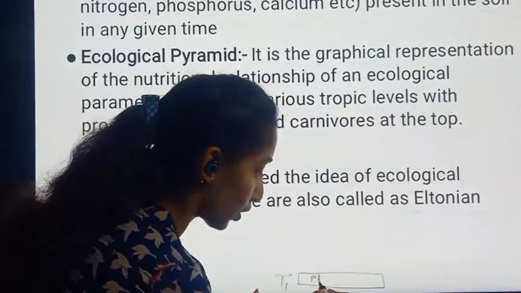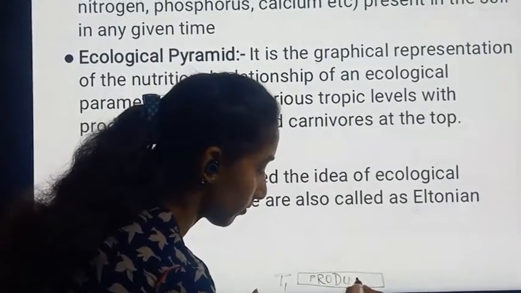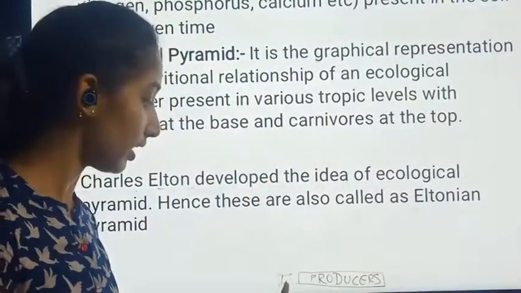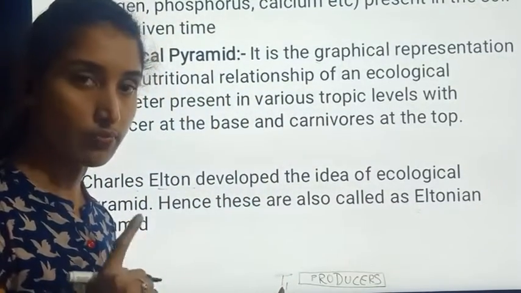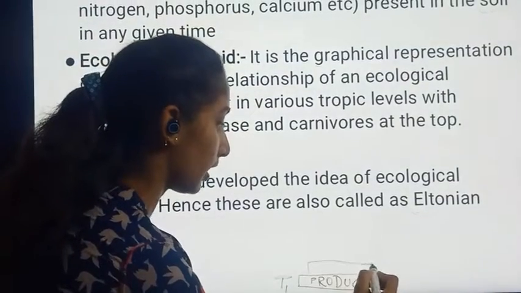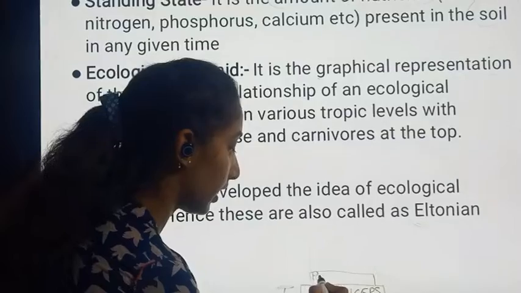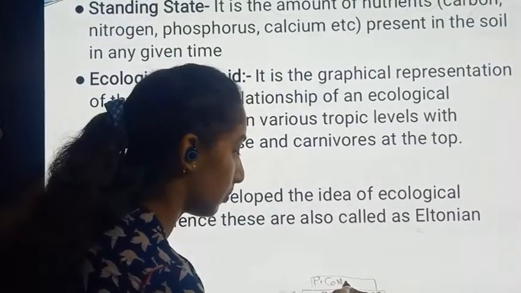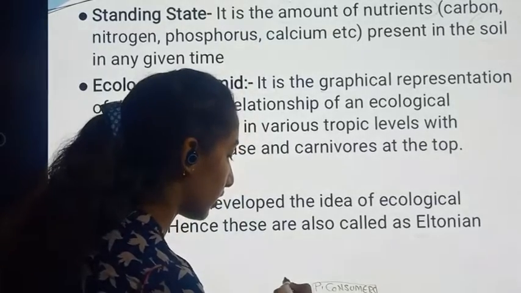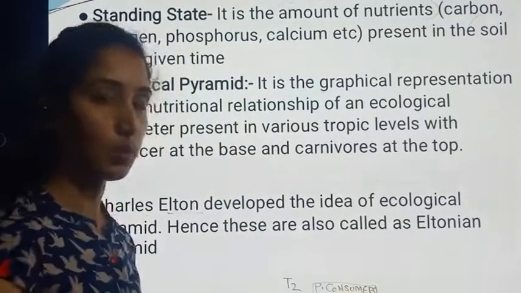Always the producers are in the first trophic level. Next to the producers, there will be the primary consumers. They are represented as T2.